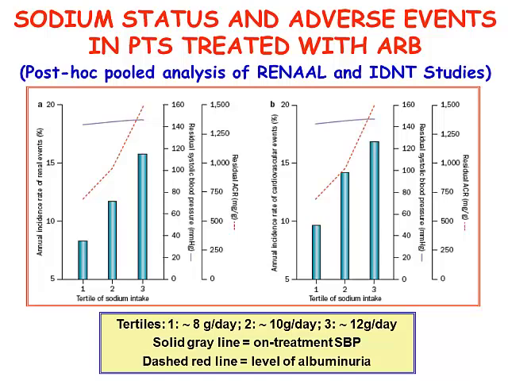The authors performed a post-hoc pooled analysis of the RENAAL and IDNT studies. Both were published in the New England Journal of Medicine in 2001. In this study, the effect of losartan on renal endpoints was evaluated versus placebo, while in this study, irbesartan was evaluated against amlodipine and placebo.